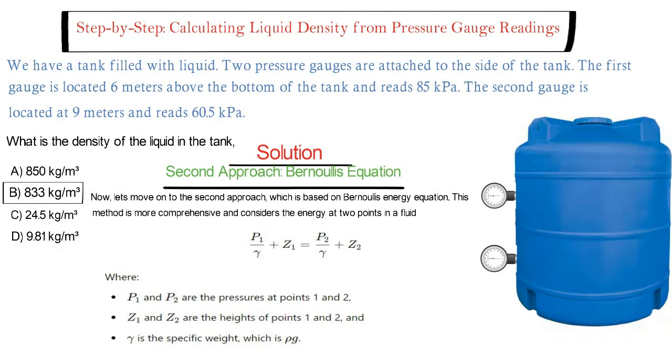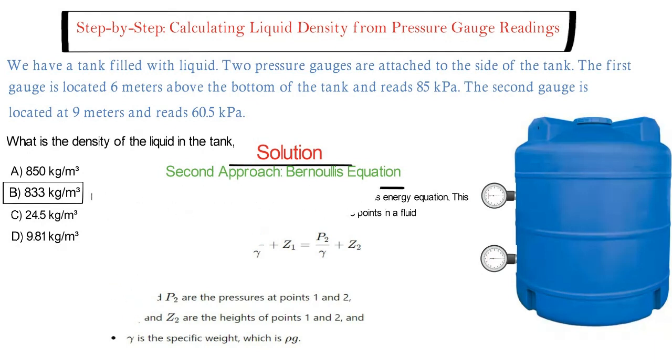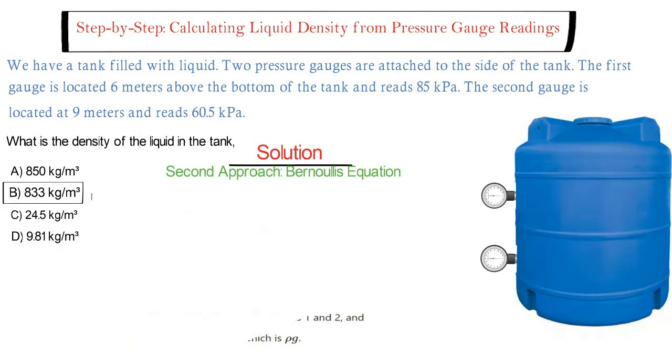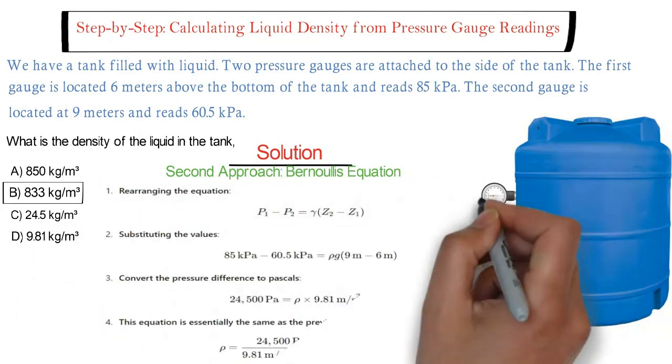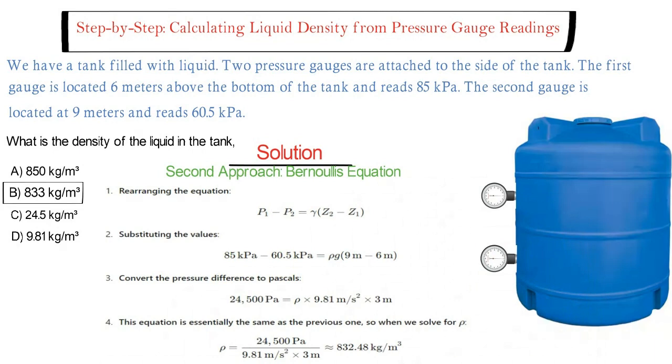Let's rearrange the equation. We will get P1 minus P2 equals gamma times Z2 minus Z1. Let's substitute the values that we have. 85 minus 60.5 equals rho g, which is gamma, multiplied by 9 minus 6. Let's convert the pressure difference to pascal.